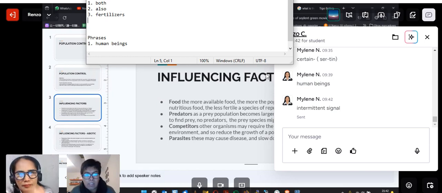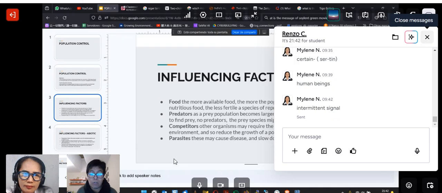It also has an impact on the reproductive factor of the species. And I guess that's the main influencing factor, because we'll talk about it later.